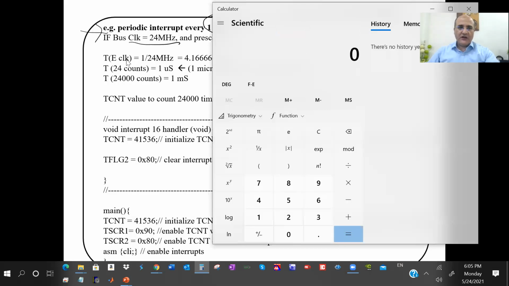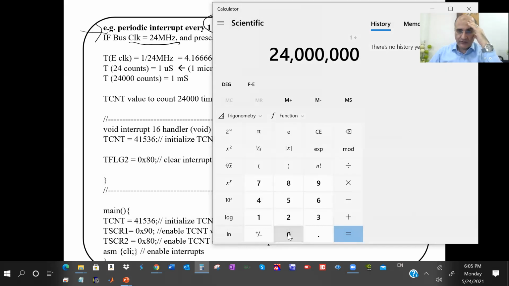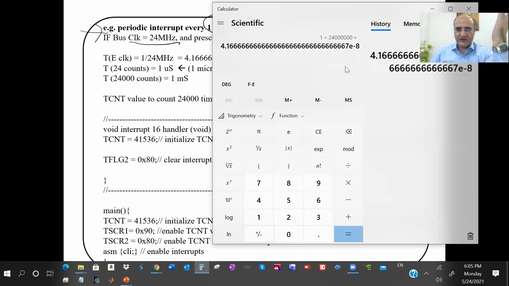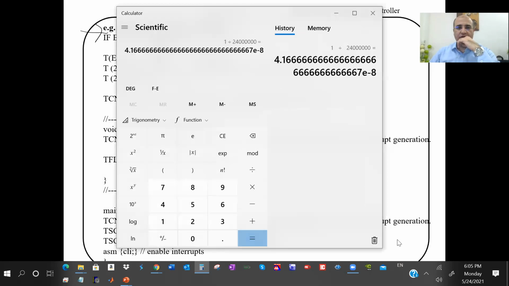So our E clock, the bus clock, is 1 divided by 24 million, 24 megahertz. This is the value. Let me store it in memory.